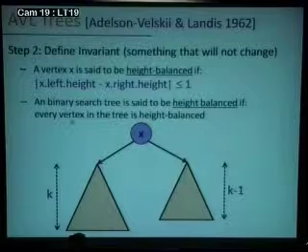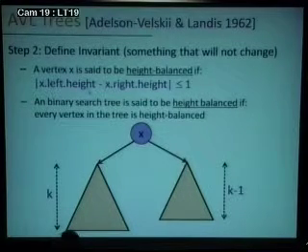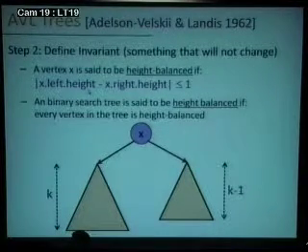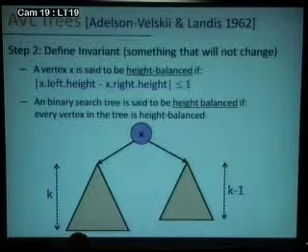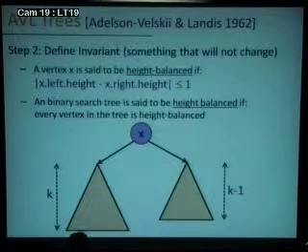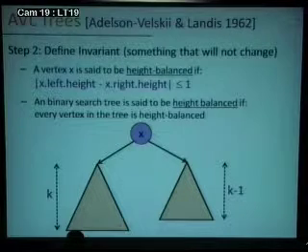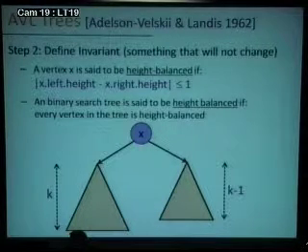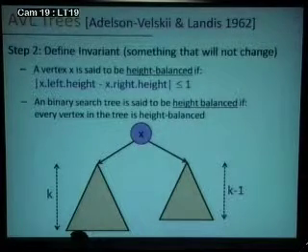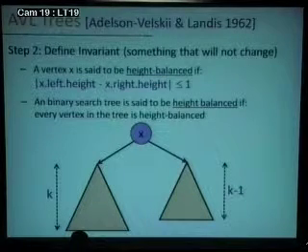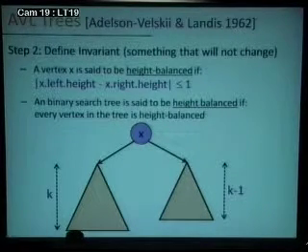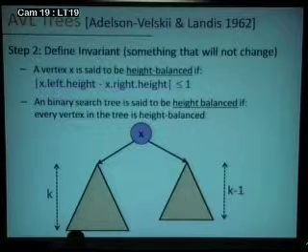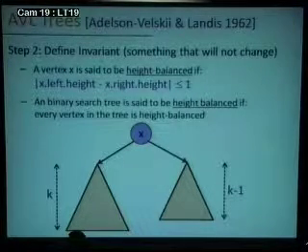And then if I maintain this property for every node in my tree, then I say my BST is also height balanced. So every node, I allow them to be imbalanced by plus minus 1. If I do that for every node, my tree is said to be balanced.